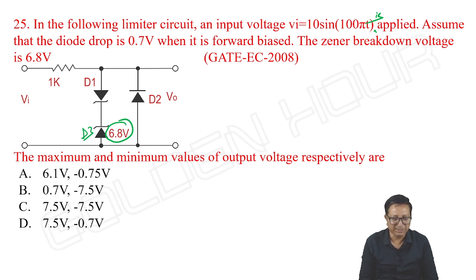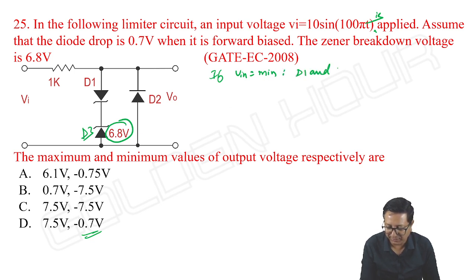Okay, so we can blindly take this as our result because output minimum is minus 0.7 from this, and we can see that only in option D. Anyway, it doesn't matter, we will see. If input is minimum, that is negative peak, then what happens?